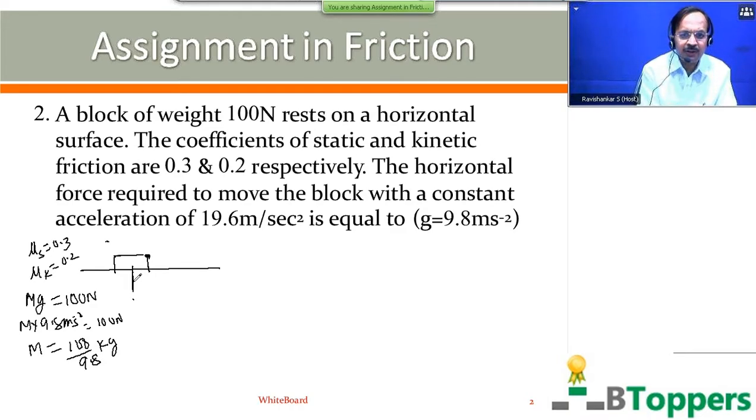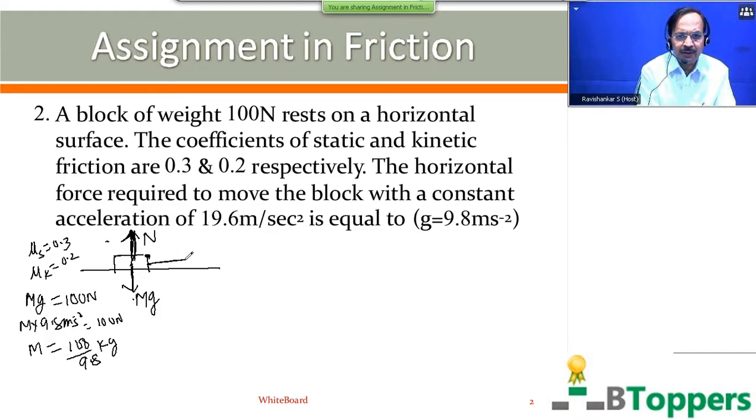The weight mg of the block acts vertically downwards. We're drawing the figure diagram. The normal reaction force on the block by the surface of the floor acts vertically upward, perpendicular to the surface in contact and directed away from the horizontal surface in contact.